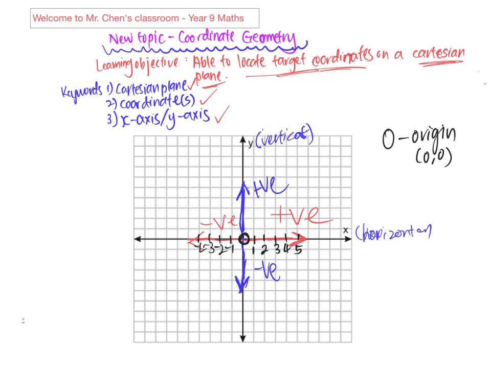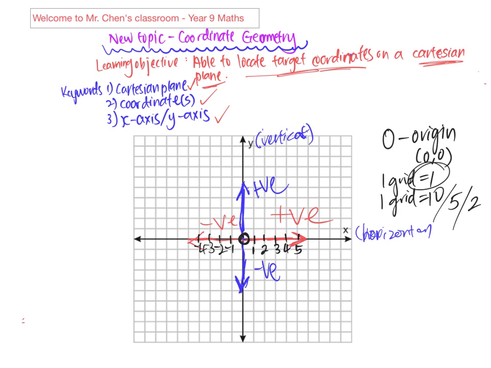Bear in mind, for this grid, I make each square equal to 1. There are a lot of situations down the track where one grid can represent 10, or 5, or 2. It can vary, but as an introduction, I make it 1 to make it easier.